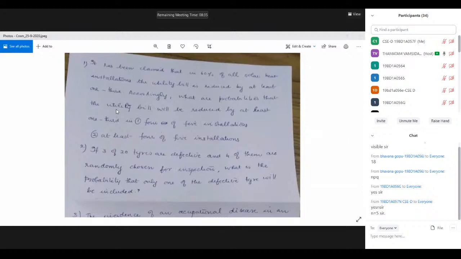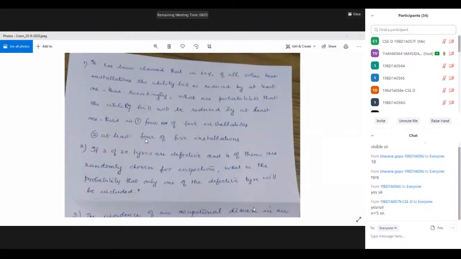Okay, see the second bit, at least 4 of 5. This probability you can find in two ways. For this one, the notation is probability of x greater than or equals to 4.